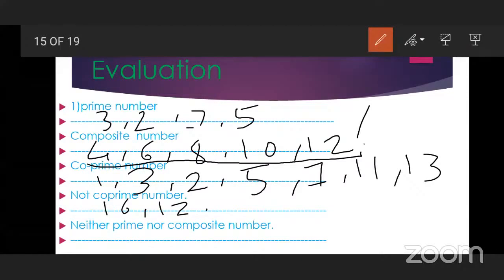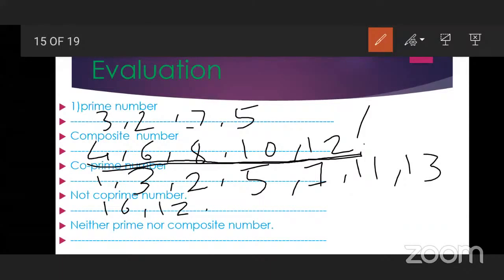Not co-prime numbers means they have more than one common factor. Those numbers are in the category of not co-prime numbers.